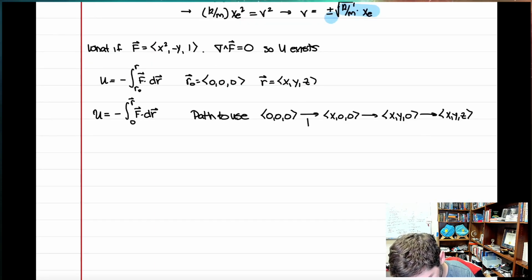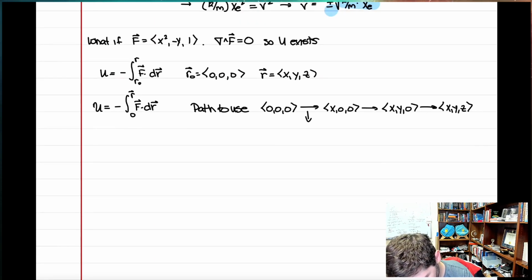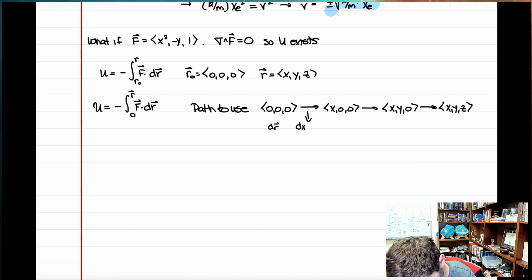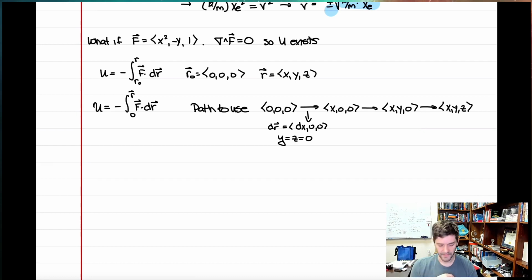Particularly for this line integral, dx is the only thing that really matters. dy is 0, dz is 0. So I could say dr in this case is just dx, 0, 0. And then also notice that y itself and z itself are 0 in this case, because they start at 0 and they stay 0.